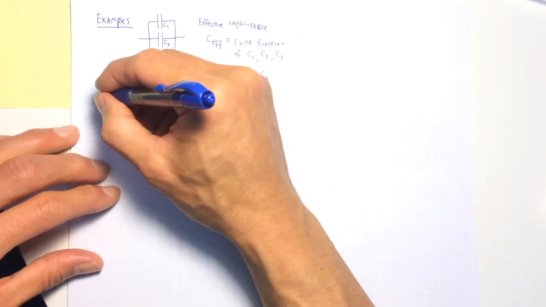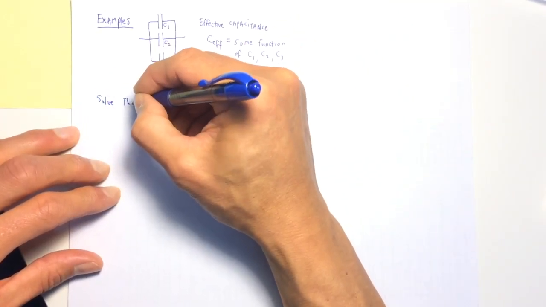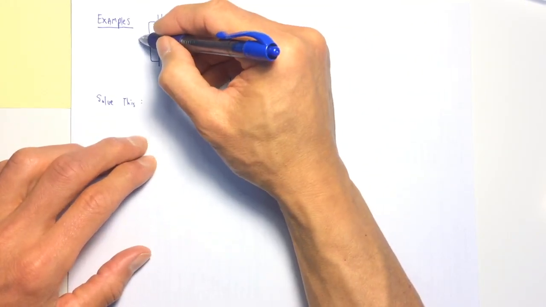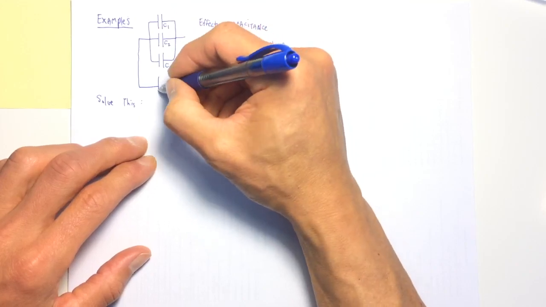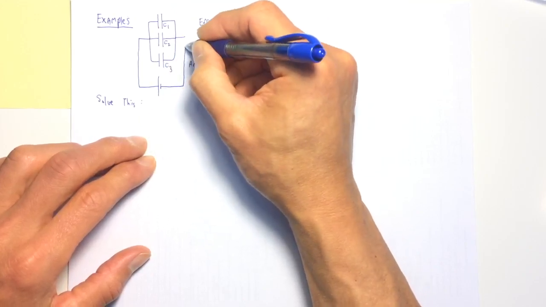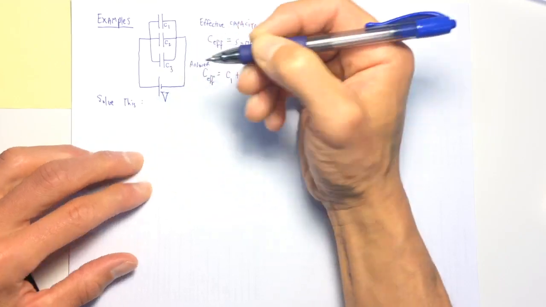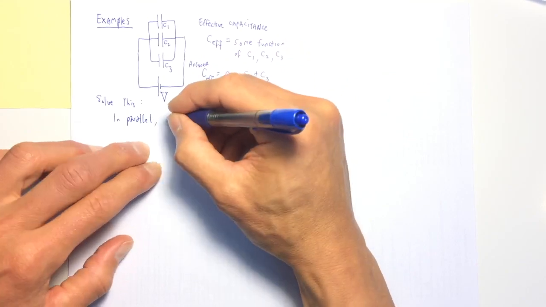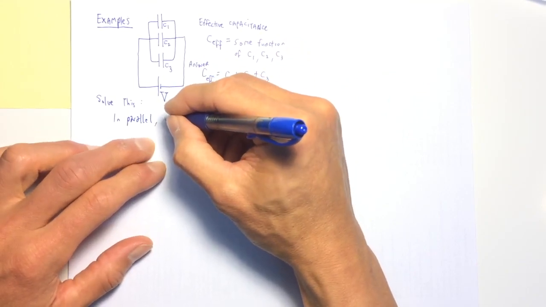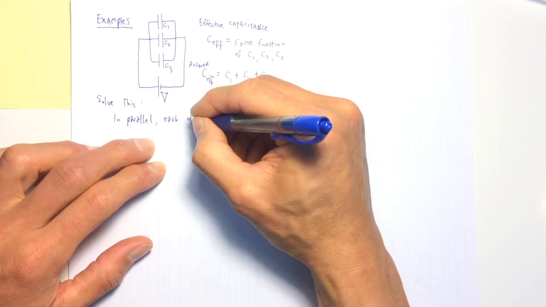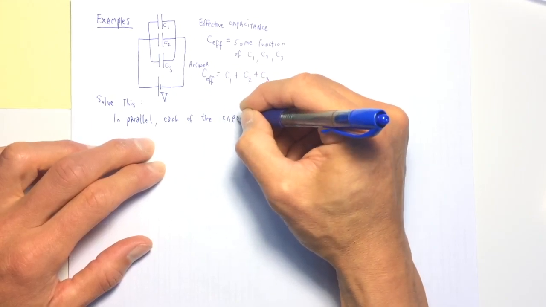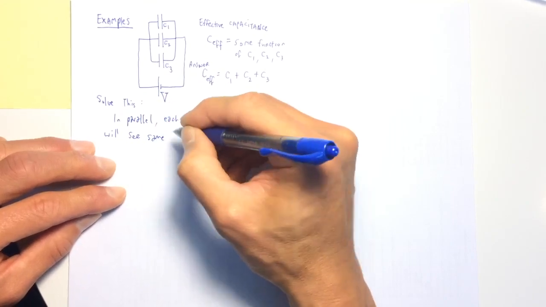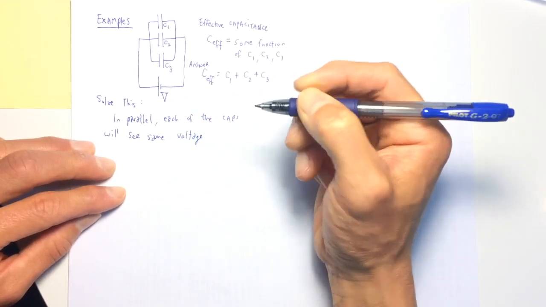So the way you would solve this is you would say, if I was to hook this thing up to a battery, so let me hook it up to a battery, in parallel, each of the capacitors will see the same voltage, right?